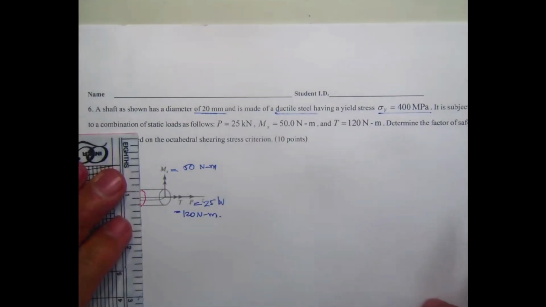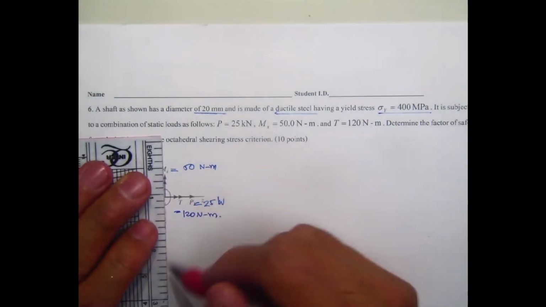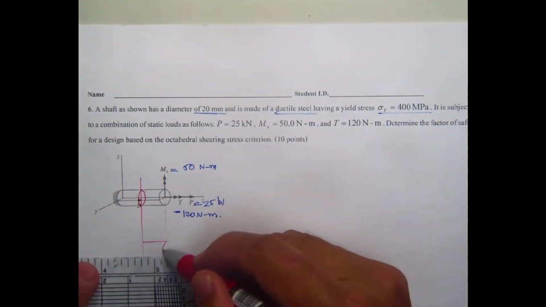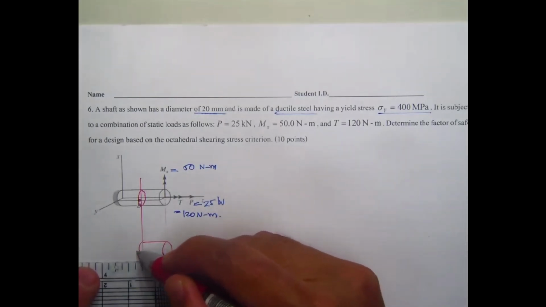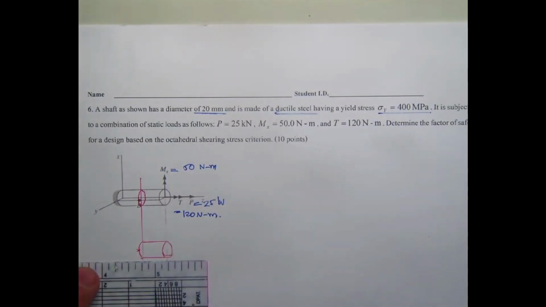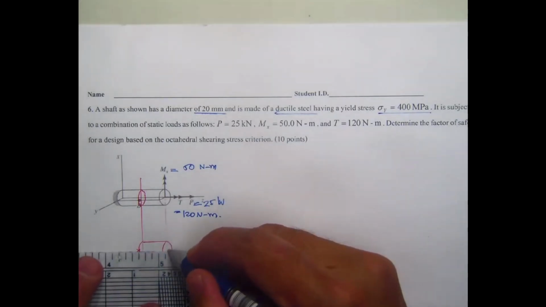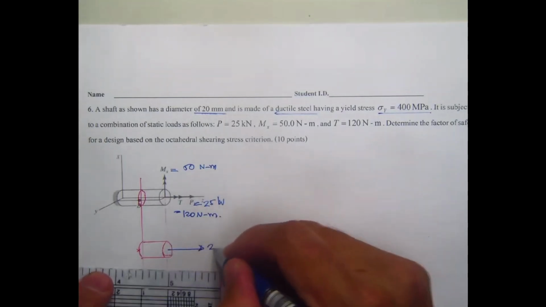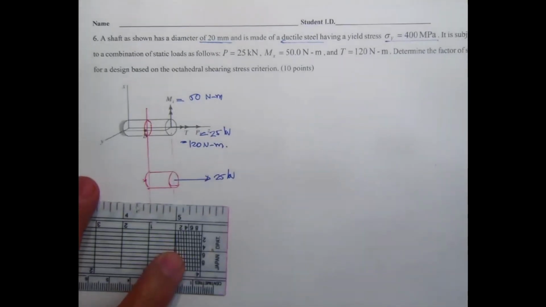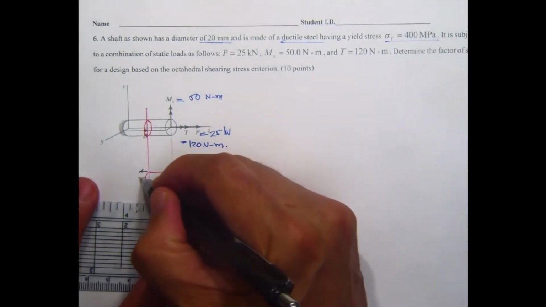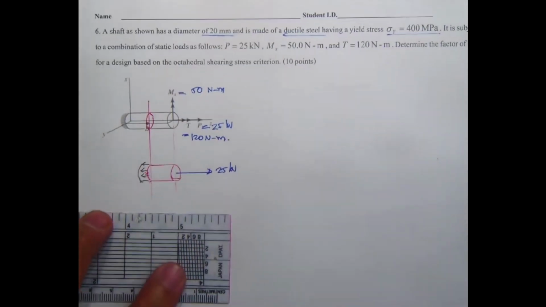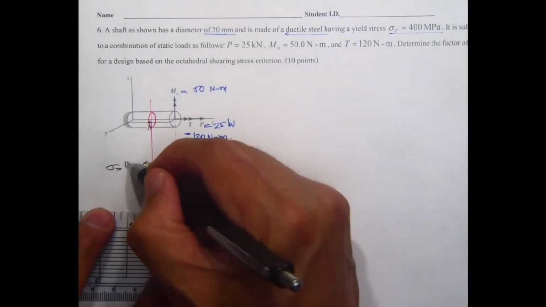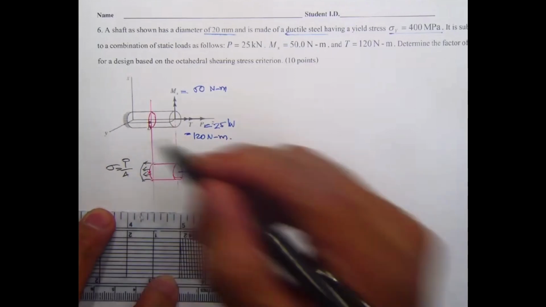Now, make a copy of it, put it back over here, and this is going to be your point B. Now, thinking about the force over here, 25 kilonewton will provide uniformly distributed stress all over the section, and sigma is equal to the internal force P divided by A.